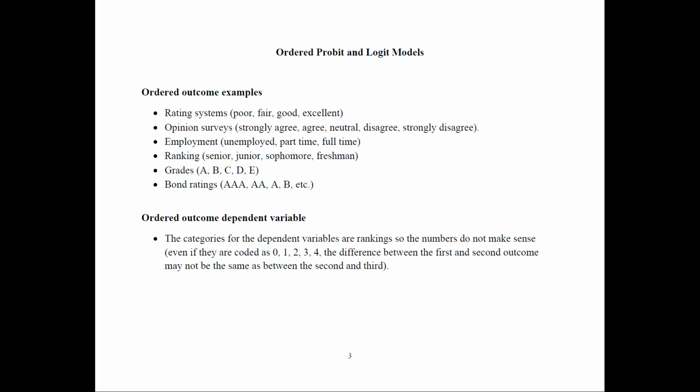For example, in opinion surveys, the difference between strongly agree and agree may be very small, but between agree and neutral may be much larger, just as a hypothesis. So again, when you collect data like that, number your dependent variable outcomes, and we would need to use specialized models with this kind of variable.